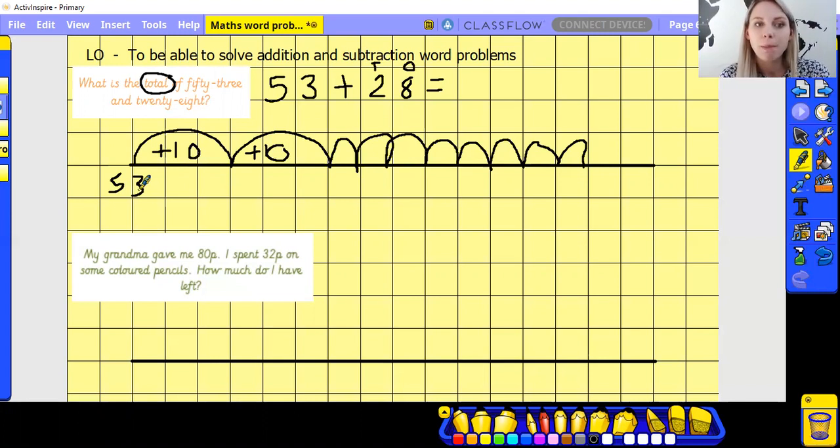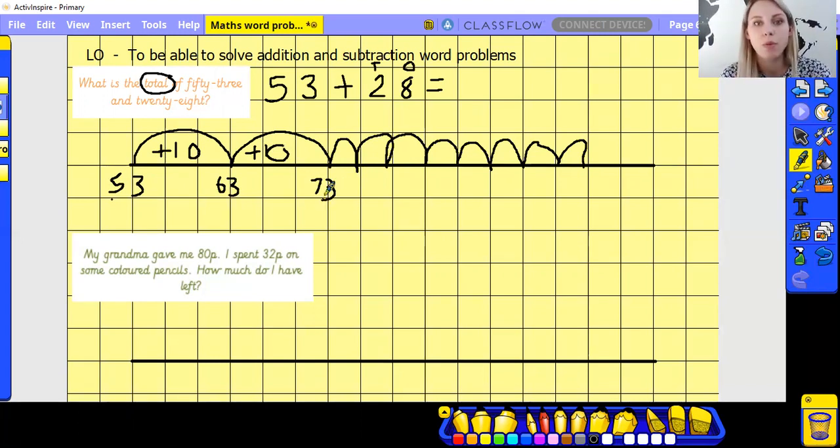So 53, and I'm going to add a 10. So I'm adding it here onto my tens number. So I've got 5 tens, add 1 more 10. Got 6 tens, and the 3 doesn't change, so I'm not adding anything to my ones. And now I've got 6 tens, 1 more 10 would make 7 tens. Again, my 3 doesn't change because I'm not adding any ones.